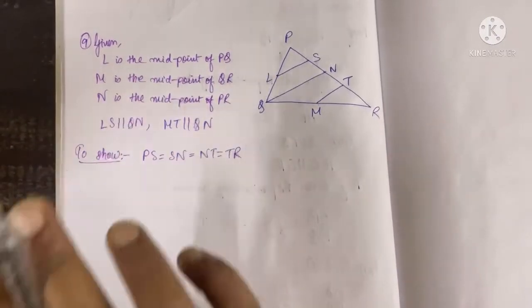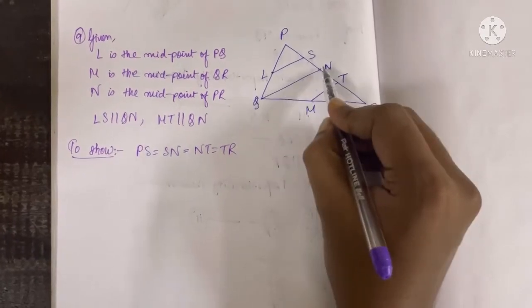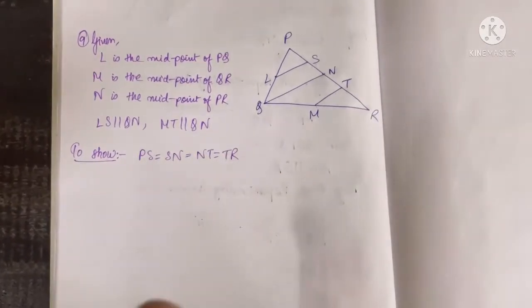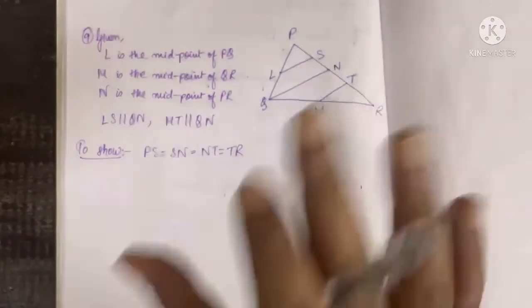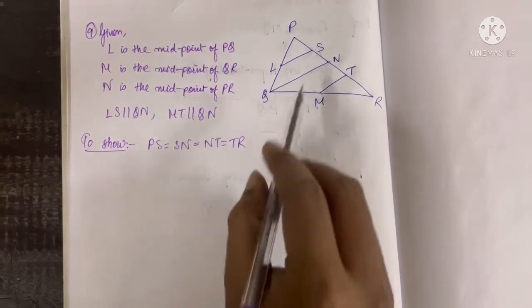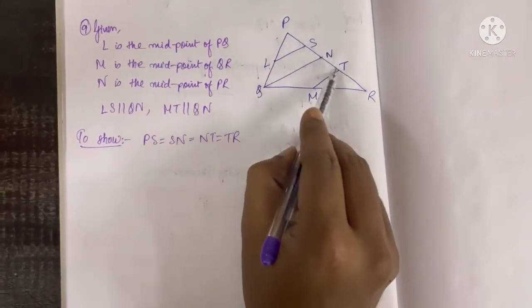These are the three data given. Along with it is given that LS is parallel to QN and MT is also parallel to QN. Using this, we have to prove that PS equal to SN equal to NT equal to TR. Means PS, SN, NT, TR in this diagram, all these four segments are equal. This is what we have to prove.